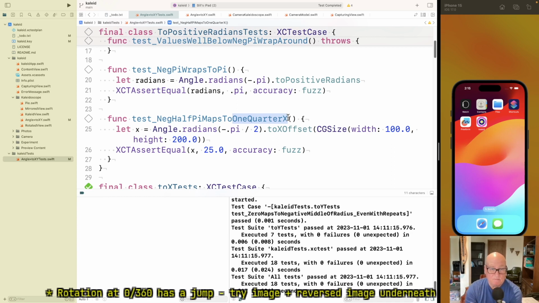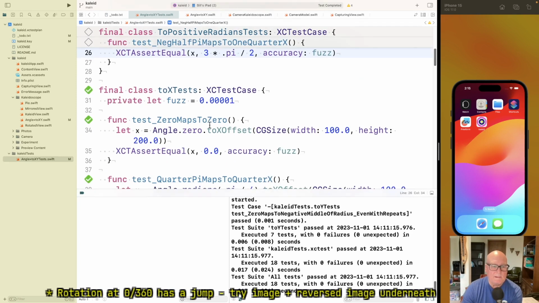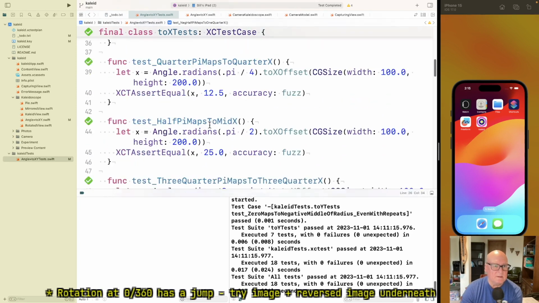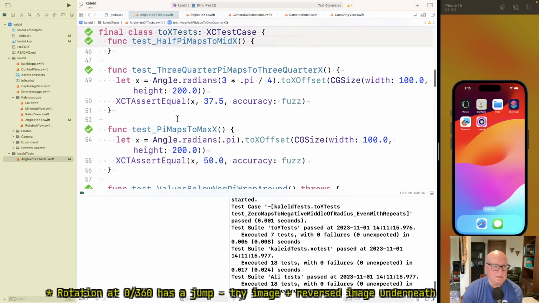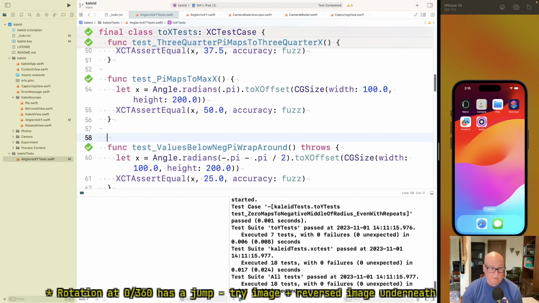That should be 3 pi over 2. Hopefully my doubles aren't too screwed up. Okay, so this range, 3/4, this is all up to pi. And then I think we're just going to keep going around.